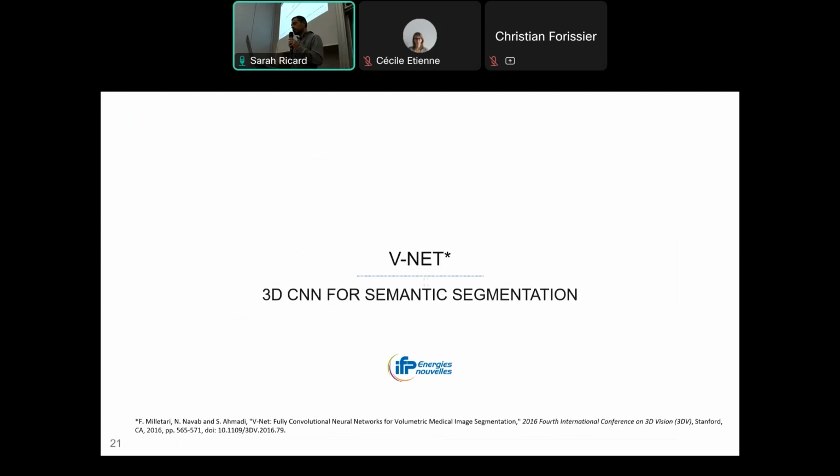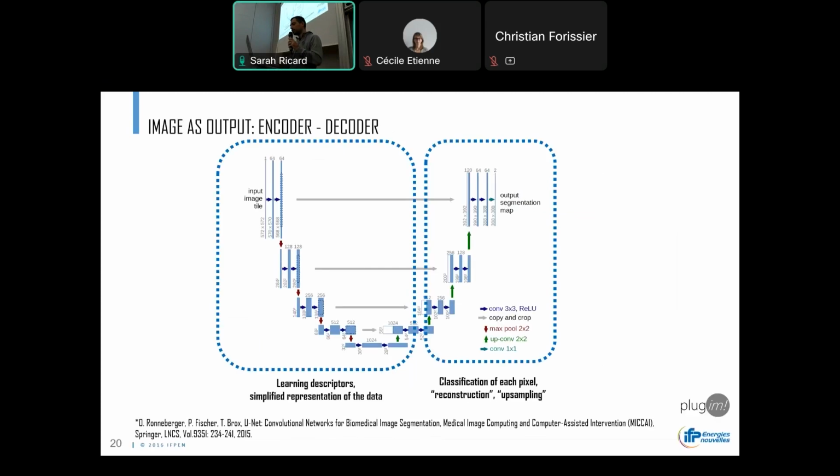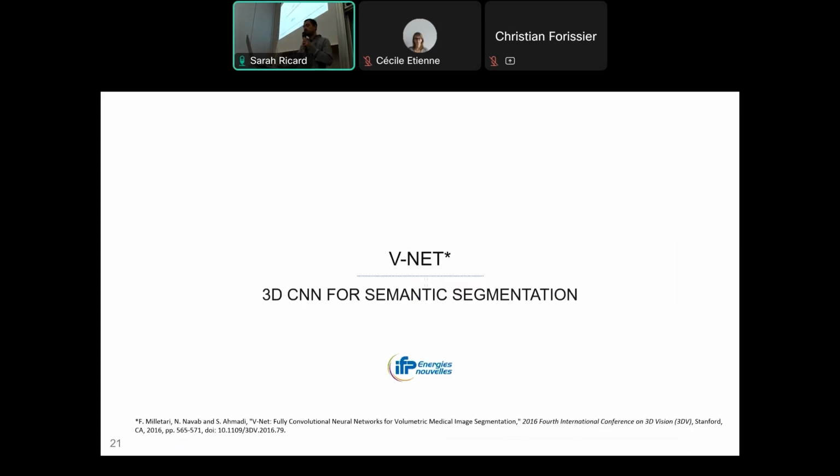Okay. So here I brought you some information concerning convolution, the multi-scale aspect, how to transform an image into a vector, an image to an image, and just to illustrate some things to open some ideas. You can also use this kind of technique to process volumes.